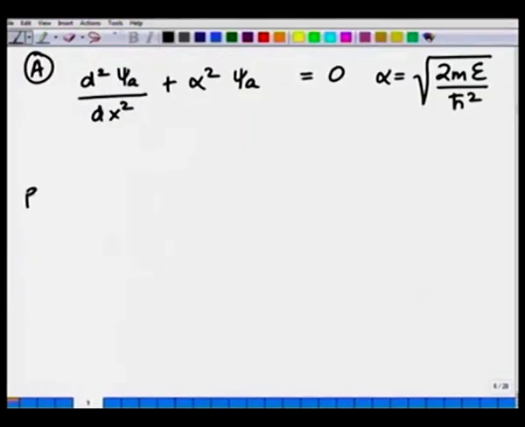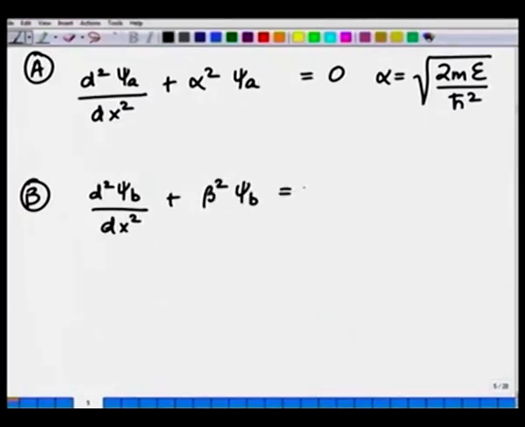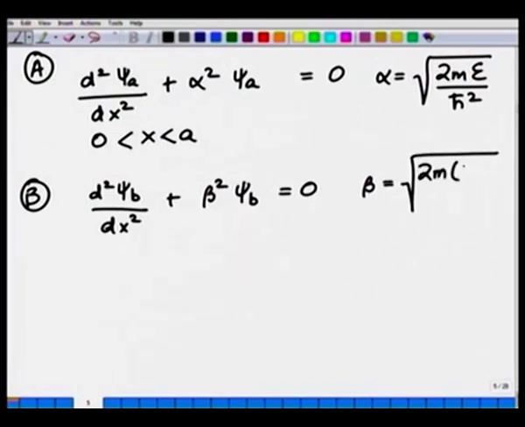In region B, I am going to solve the problem d²φ_B/dx² plus, now I am going to write it as β² φ_B equal to 0, and this is at x equal to a, and this β now is equal to the square root of 2m(E minus V₀) by ħ², where now I have x minus b.